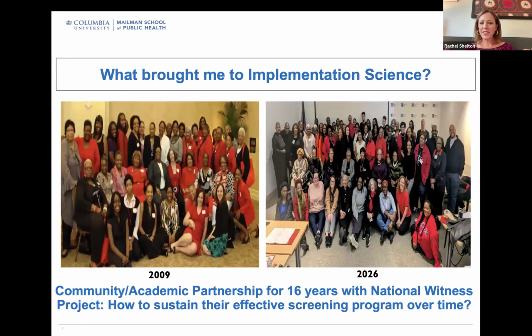But first, I want to step back and just tell you a little bit about what brought me to implementation science and sustainability in particular. You can see here in 2009 and then 2026, this same amazing partnership I've been really lucky to have with a group of African-American lay health advisors and cancer survivors who lead a cancer screening program nationally. When I first got trained in public health, I was really trained in community engagement and community-based participatory research.